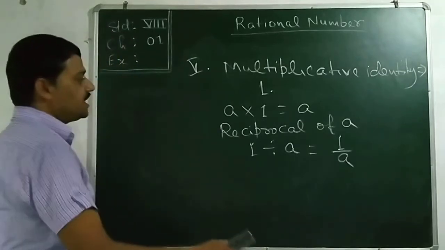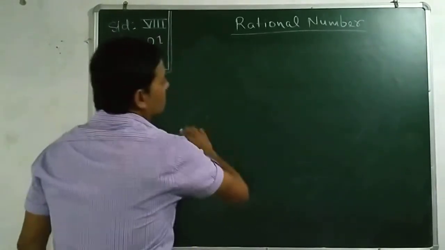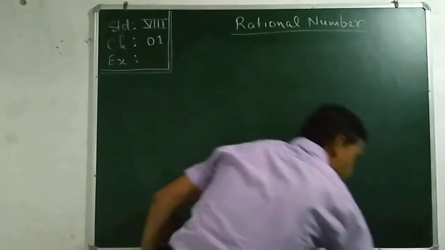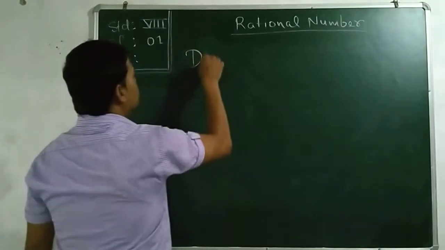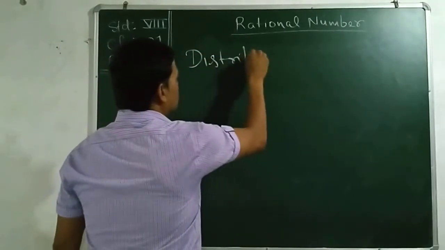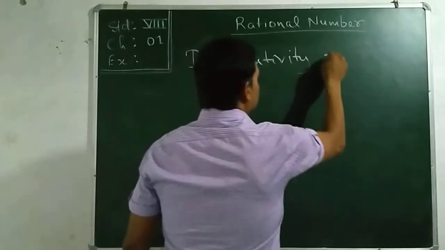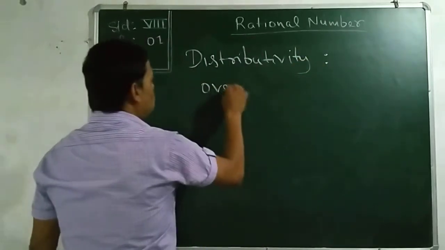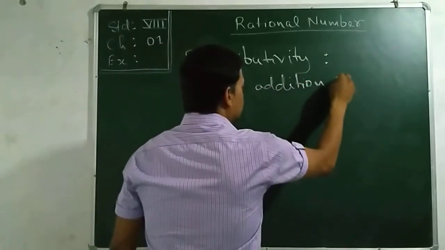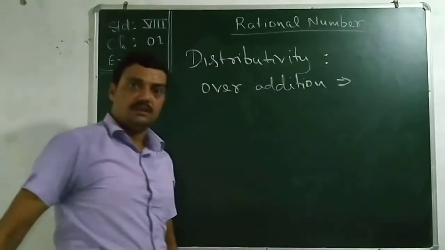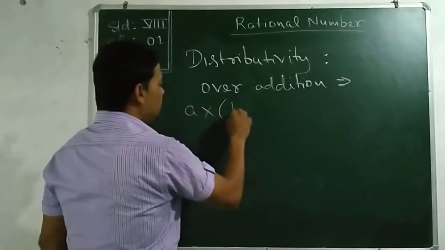Thereafter, the last thing is the distributive property, which you already learned in the previous class for integers. Now for rational numbers also, distributivity over addition. Very similarly, it was applicable for the integers, and it will be applicable for rational numbers also.